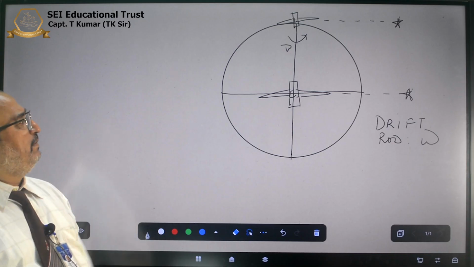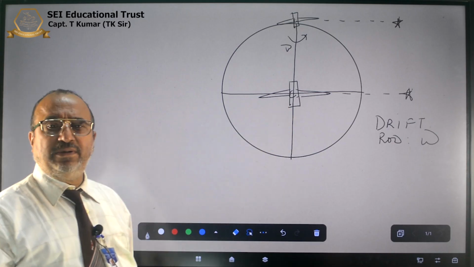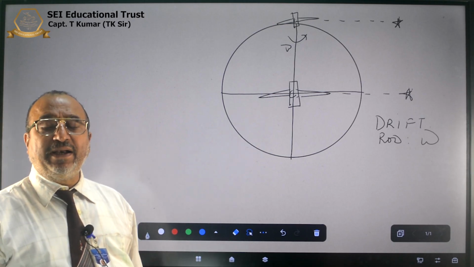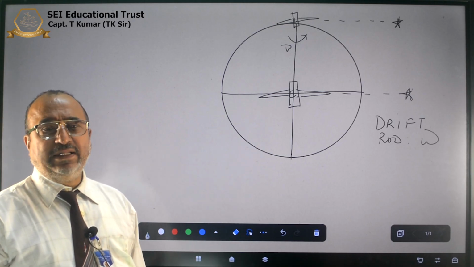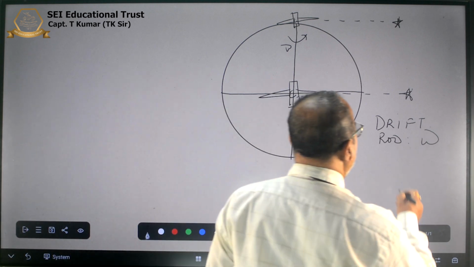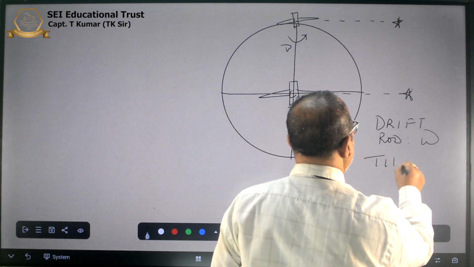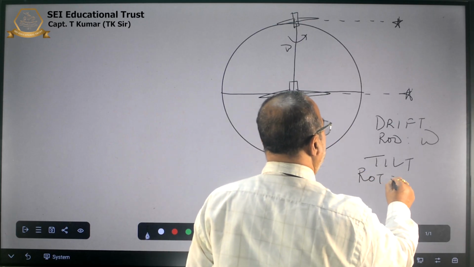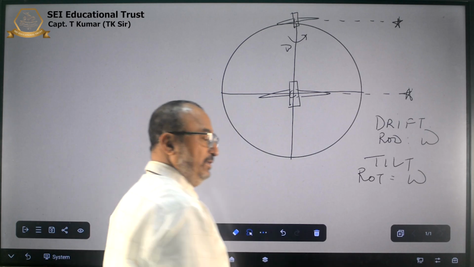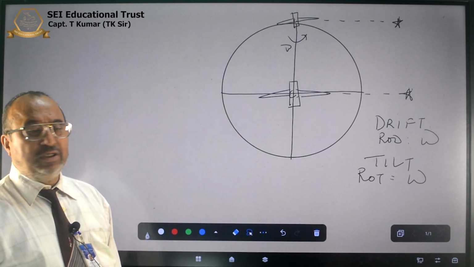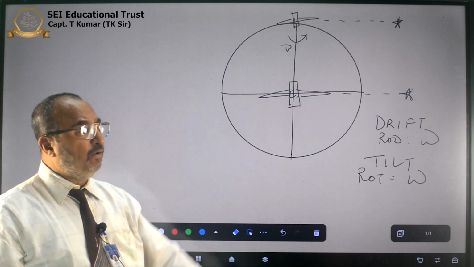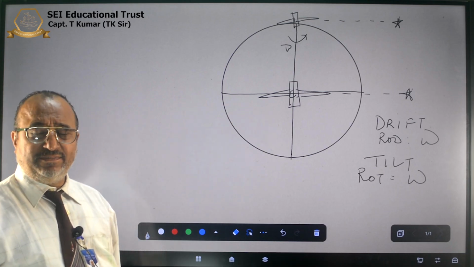In this case, the free gyroscope will have an apparent vertical motion. That vertical motion is known as the tilt. In this case also, the rate of tilt will be omega. So, on the pole there is a drift and on the equator there is a tilt.